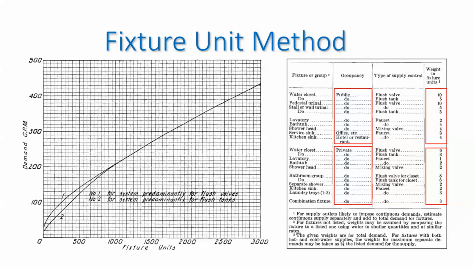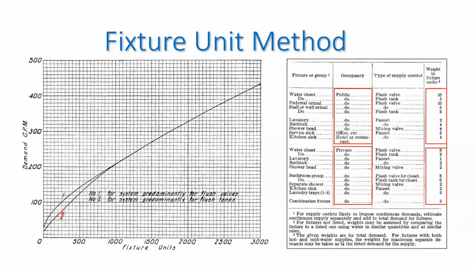So basically, what you would do for pipe sizing purposes, you would just add up the total number of fixture units in that building, and once you have the total value, you would use the x-axis, which is the fixture units, and then you would follow that, whatever that number is, till it intersects one of the curves, whether the system is predominantly a flush tank system or a flush valve system.